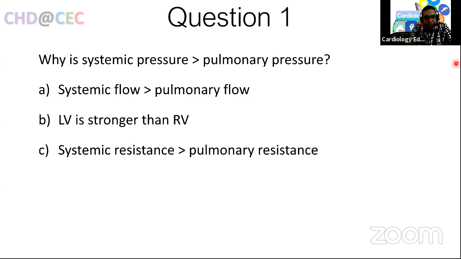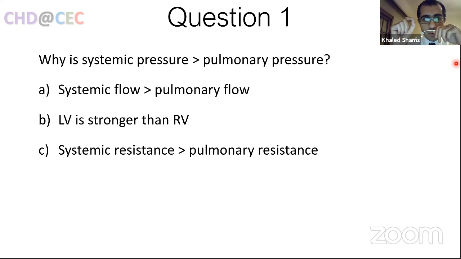Okay, we need to answer the first question. Why is the systemic pressure more than the pulmonary pressure? So Dr. Hatem, we can solve it simply by excluding that A is wrong, because both systemic and pulmonary flow are equal, as you just mentioned, since both circulations are in series. Yes. Second choice, B: the LV is not stronger than the RV, but it is obligated to generate a greater pressure to overcome the systemic resistance, which is higher.